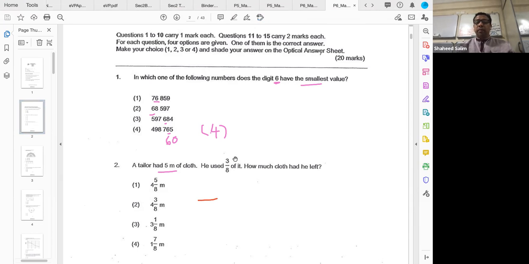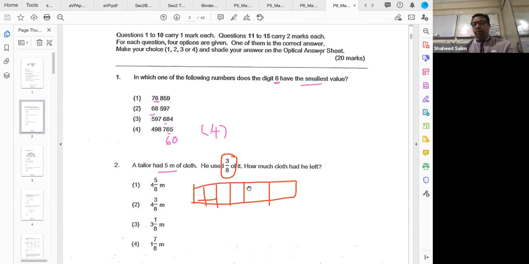You can ask yourself, if 3/8 is used, how many eighths are left? I don't really know. Okay, down here we can draw. I draw a model to explain again. There is this cloth. Let's say we divide it into 8 parts.